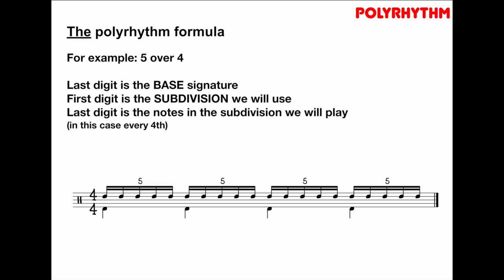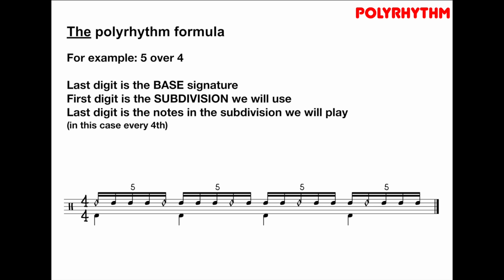In this case, 5 becomes quintuplets, 16th note quintuplets. And finally, we use once again the last digit, which indicates that we should play only every 4th note in the subdivision.